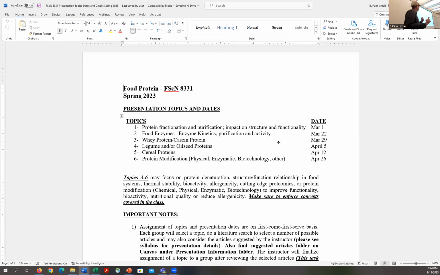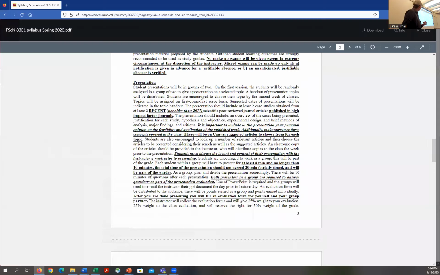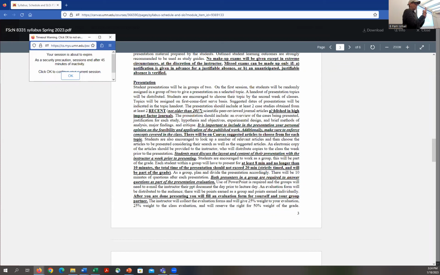So I put that on Canvas. For each presentation, a group of 2 or 3, you want to pick 2 publications, or 3 publications if you're a group of 3. And these publications will be related to that one topic you chose, to tell a story.